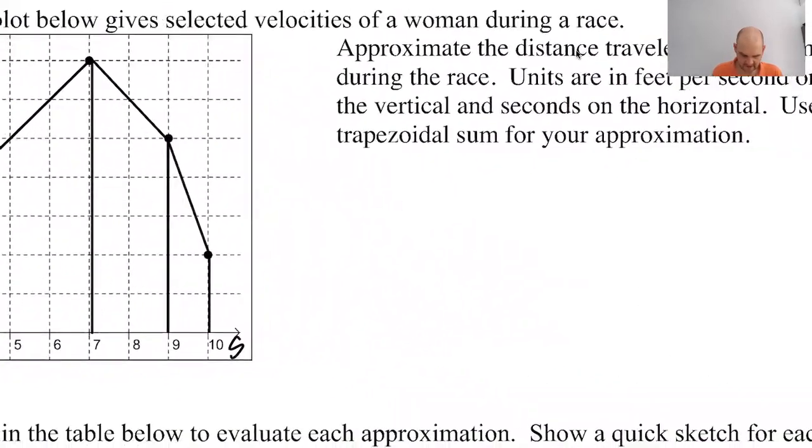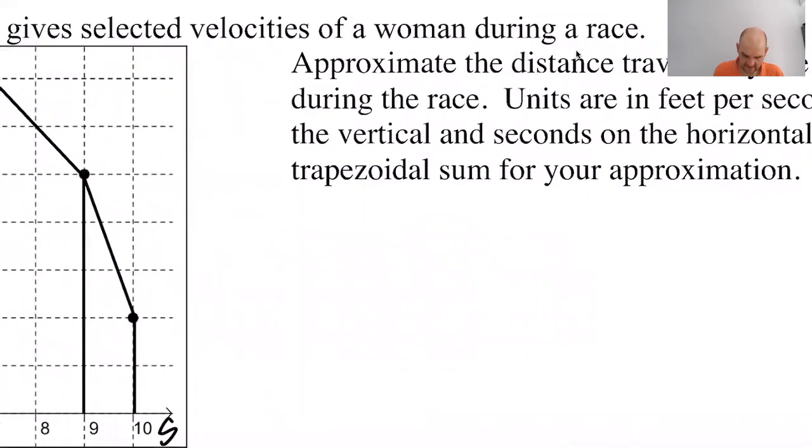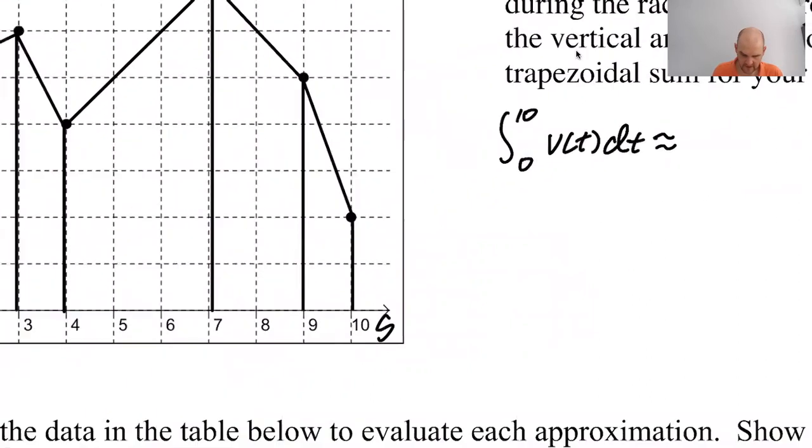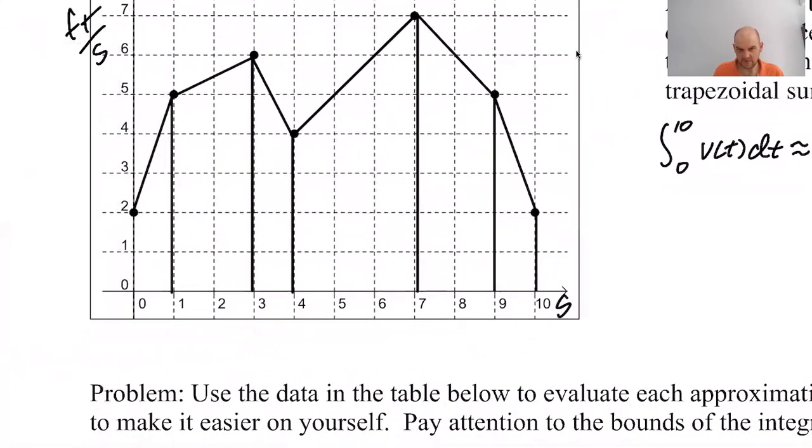Let's first write down our definite integral. It's the integral from 0 to 10 of our velocity, v of t dt. Now this is only an approximation. It's going to be 1/2, and then they have different heights. In general, I would encourage you to always just do each individual trapezoid. It's just easier that way.